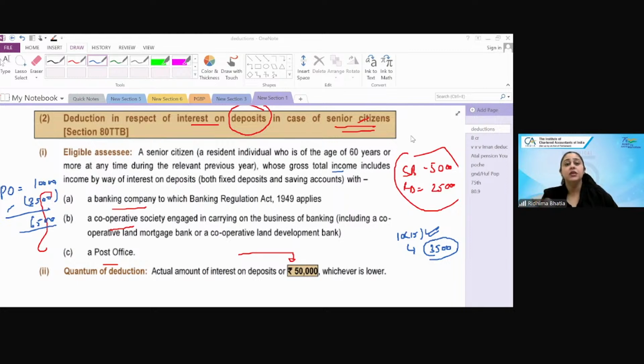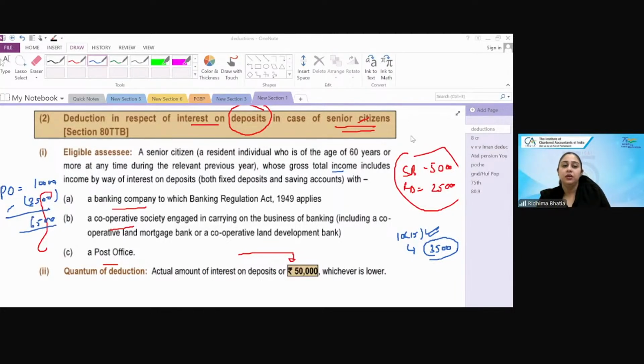80G, 50% or 100% based on the criteria. This is for any assessee donations to specific funds. 80GG, individual only, 60,000 maximum, payment for rent for residential house property. 80GGA, scientific research, rural development, any assessee not having business and profession income, because if they have business and profession income, they will claim under that 35 CCA list. 100% donation allowed. 80GGB, 100% donation allowed for payment to political parties by Indian company. 80GGC, 100% donation for political parties by any person other than Indian companies, 100% donation allowed.